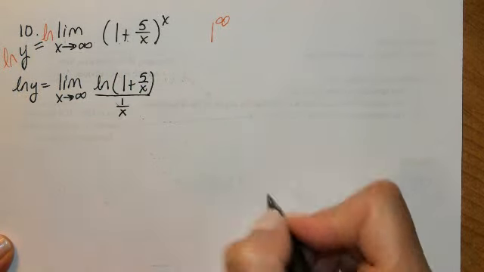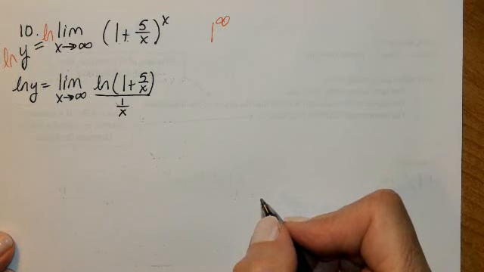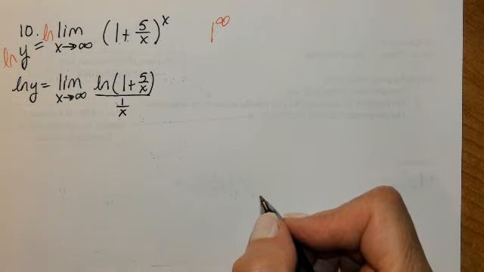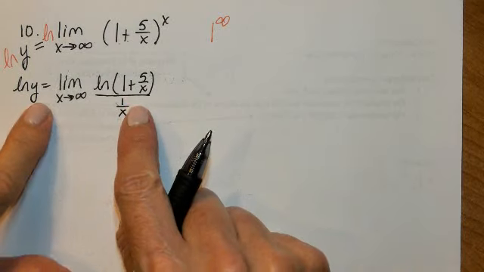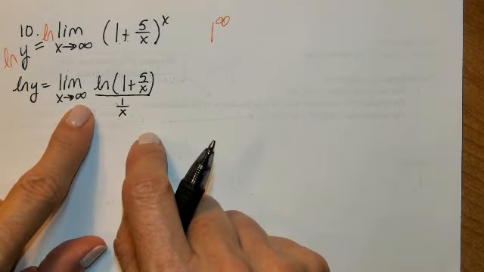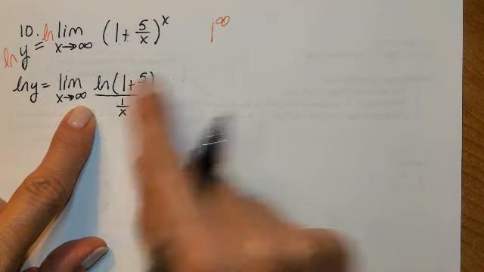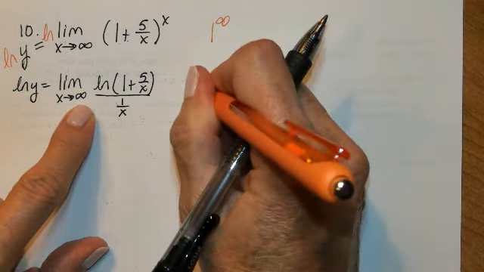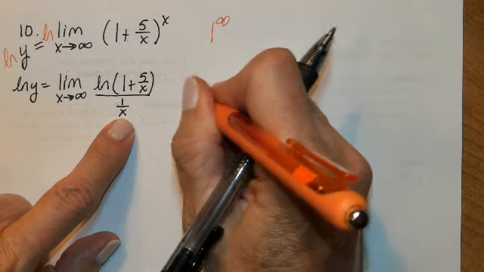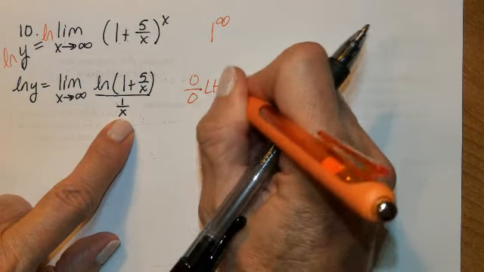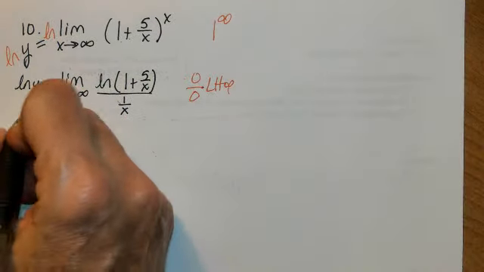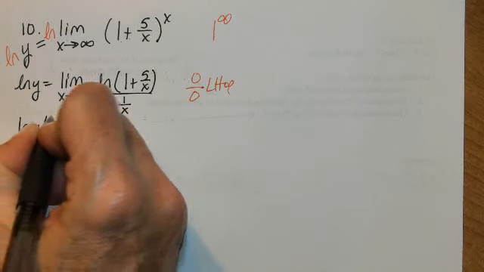Can I do that? It just saves us about 3 steps if I do that. Now I plug in infinity again, and I have natural log of 1 over 1 over infinity. That's L'Hopital's. So now I can apply L'Hopital's.